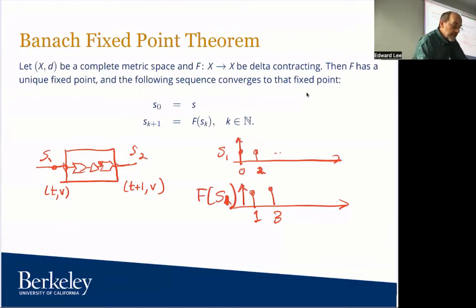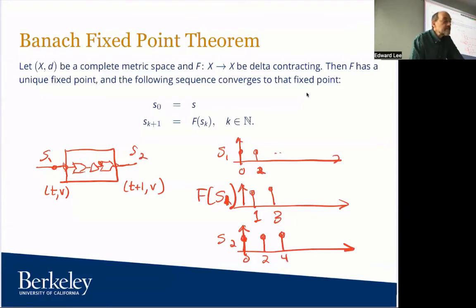So to show that this function is contracting, I have to compare 2 possible inputs. So if I give it an input, let's call it S2, that is the same as S1, but has an additional value at 4, okay?